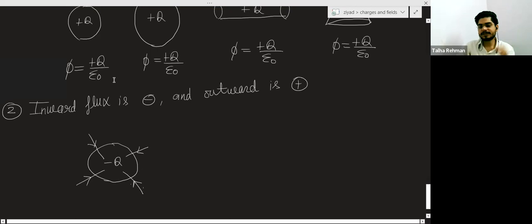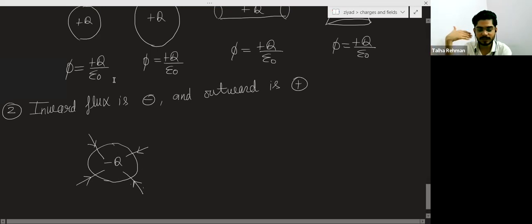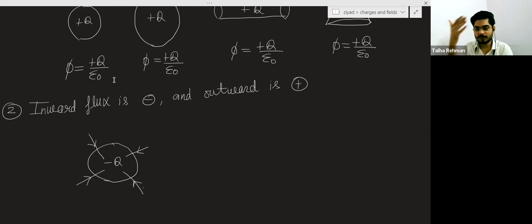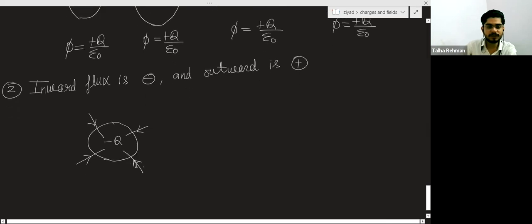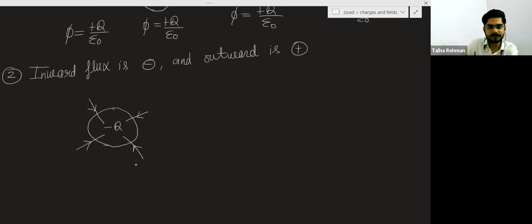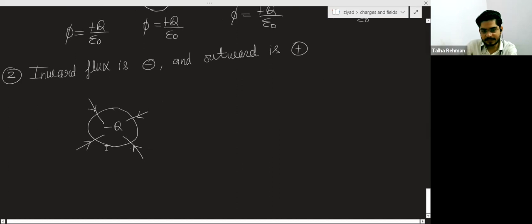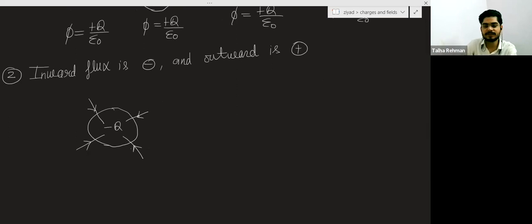What is the electric flux? Electric flux is the number of field lines crossing the area perpendicularly. So here the electric flux you will take as negative, because these electric field lines are entering the surface.